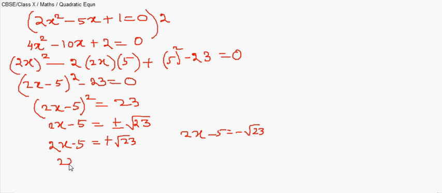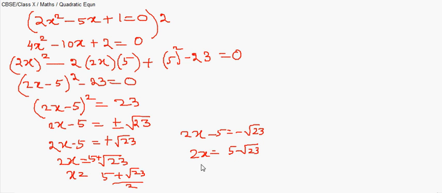This makes it root 23 plus 5, and x thereby gives you 5 plus root 23 by 2. And this is 2x is equal to 5 minus root 23. x is equal to 5 minus root 23 by 2.